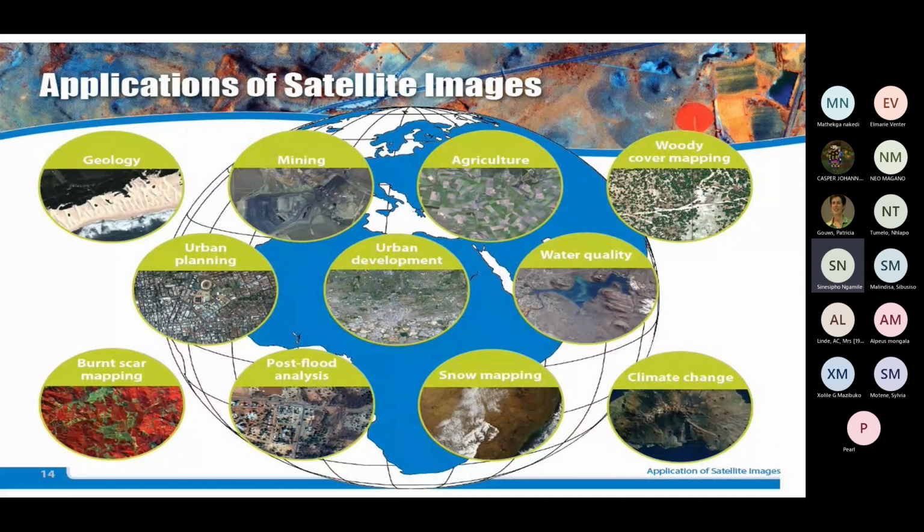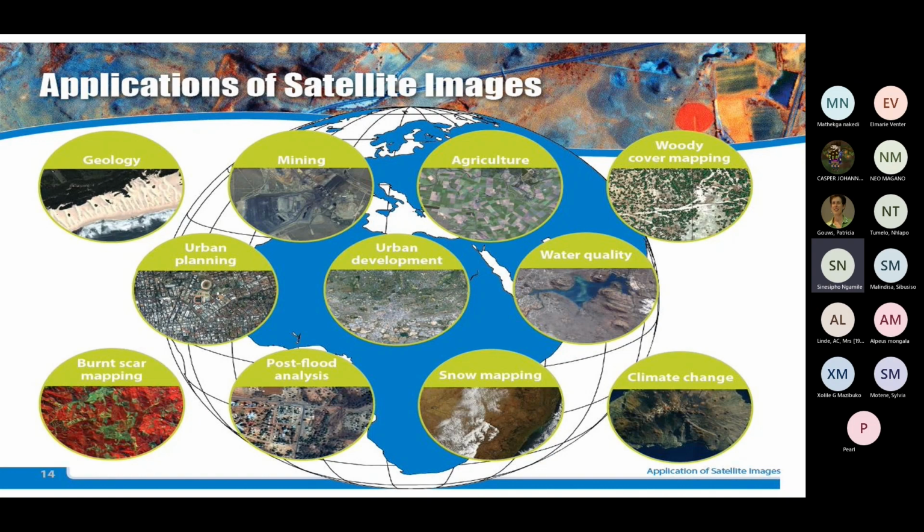So we basically collect data about these applications, and then we can provide maps related to them to people that need them for decision making, or just to monitor and manage our resources.